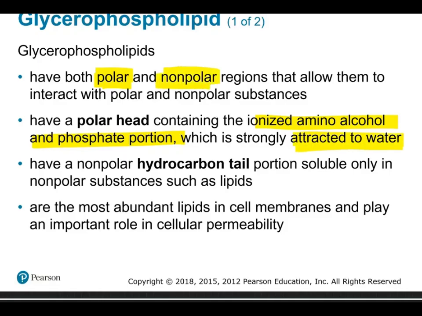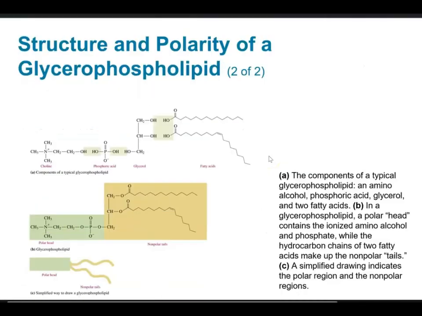Nonpolar region, it readily interacts with anything nonpolar such as lipids. Glycerophospholipids effectively comprise cell membranes and are indispensable for regulating the permeability of those membranes.